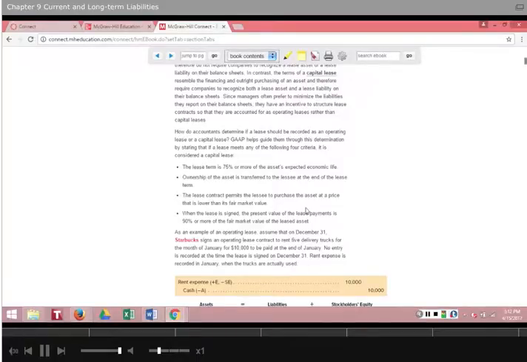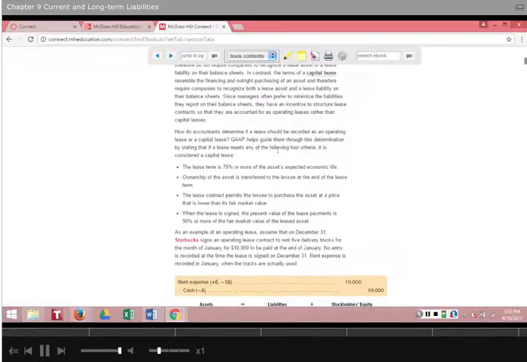That would also make it a capital lease. And when the lease is signed, if the present value or discounted value of the total lease payments equals 90% or more of the fair value of the leased asset, in other words, what we could buy it for right now rather than leasing it, then that would qualify it as a capital lease.